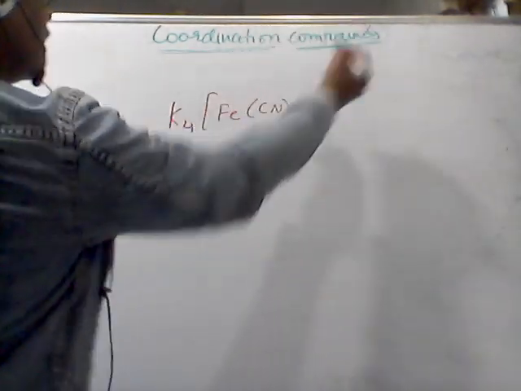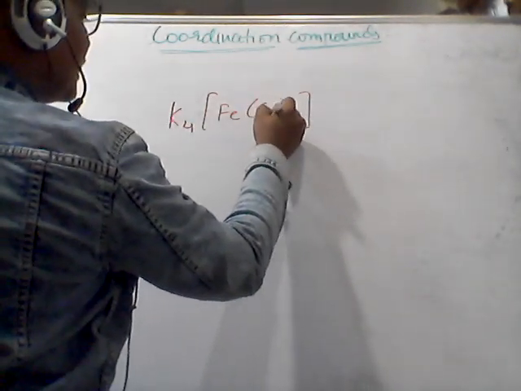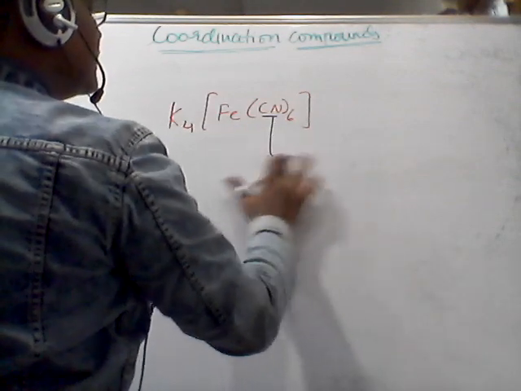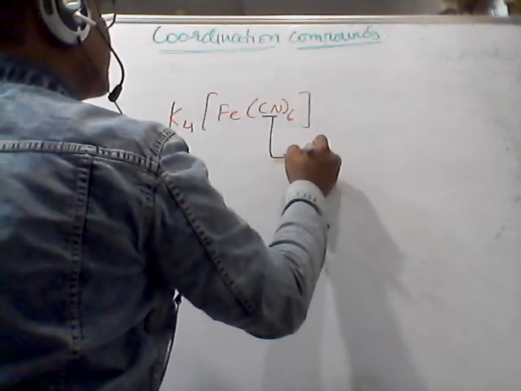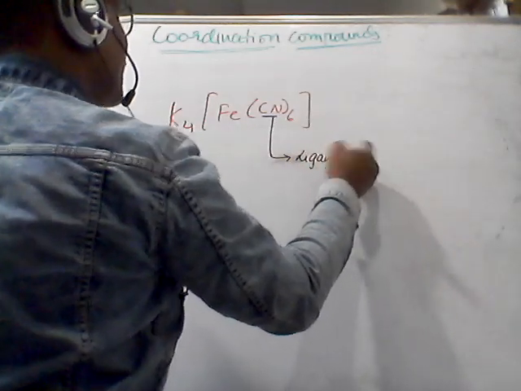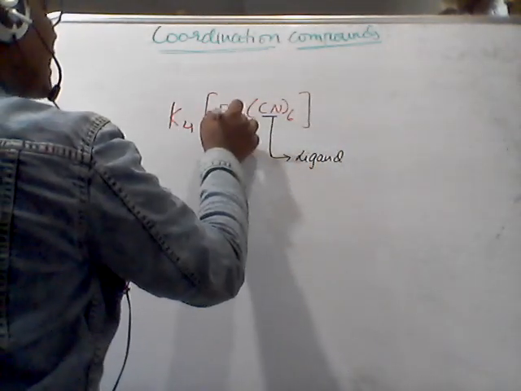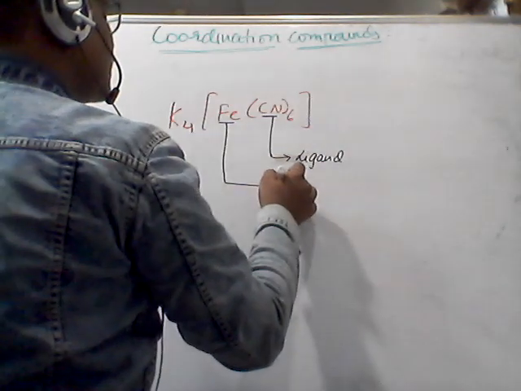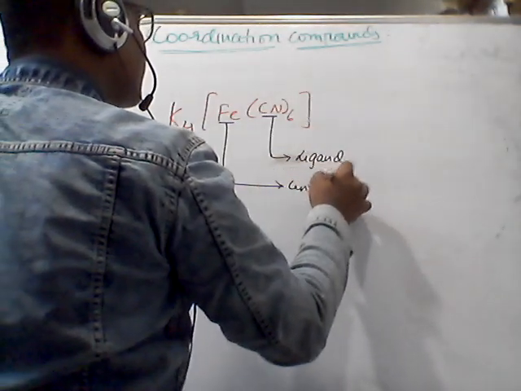Okay. Here, this cyanide, this CN, is called a ligand. What is called a ligand? And then this ion is called your central metal atom.